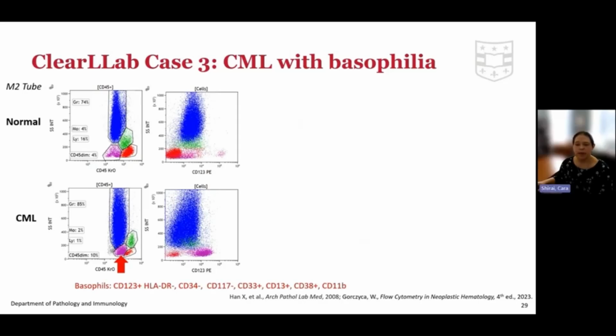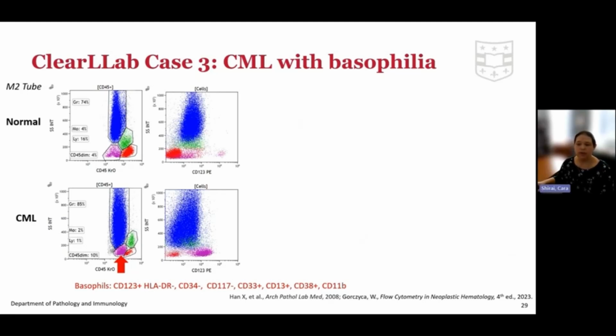The immunophenotype of basophils is listed here. They are CD123 positive, HLA-DR negative, CD34 negative, CD117 negative, CD33 positive, CD13 positive, CD38 positive, and CD11b positive. The CD45 dim, low side scatter population of interest shares this antigen profile.